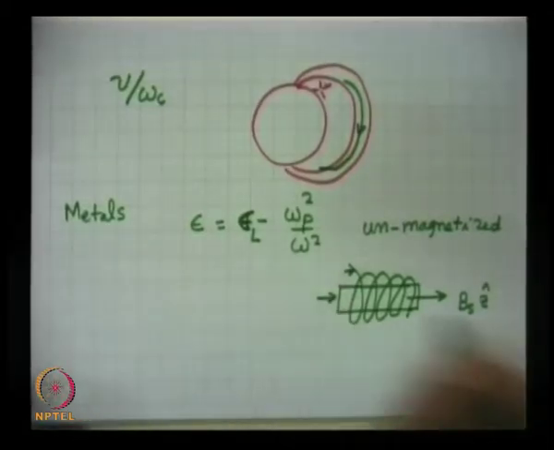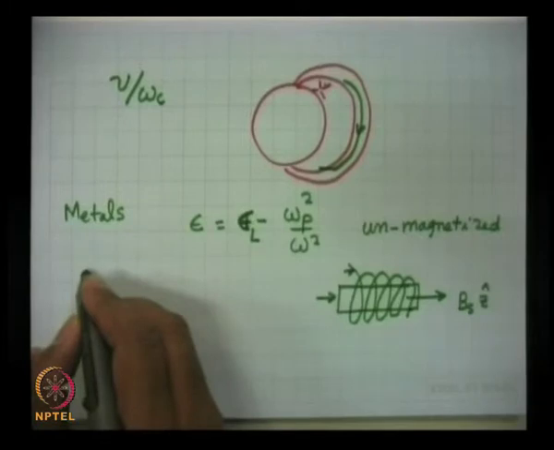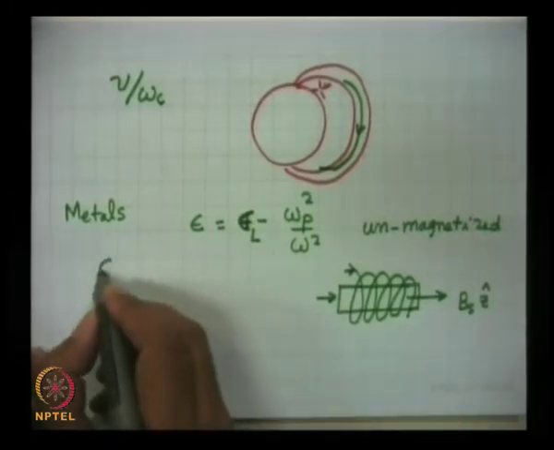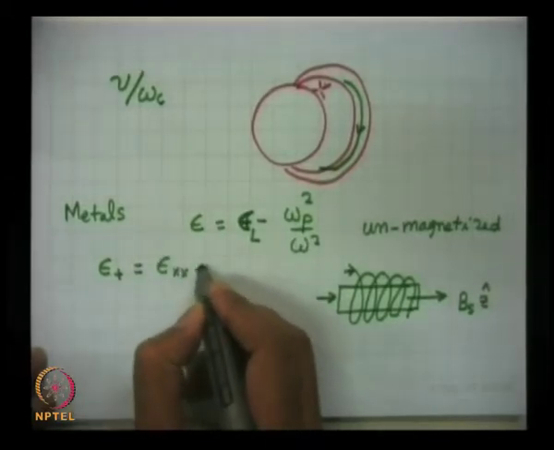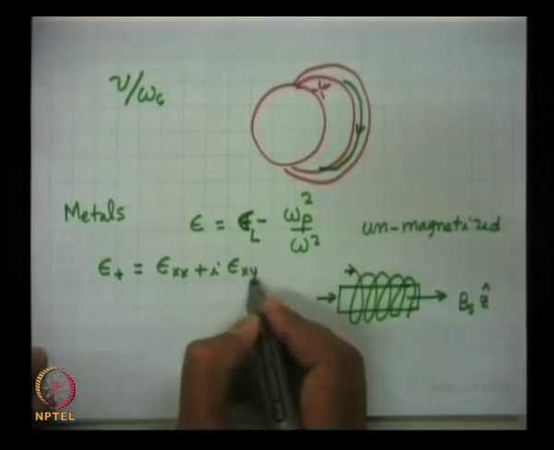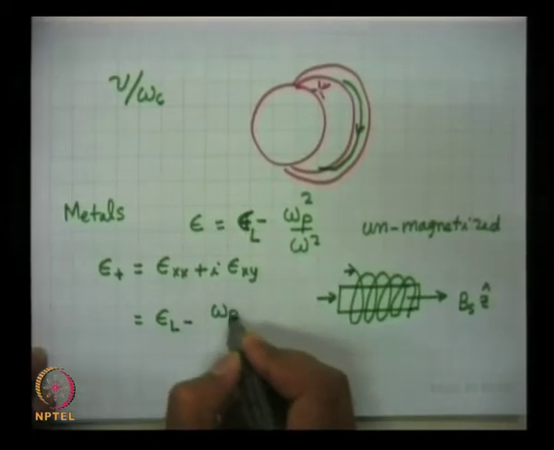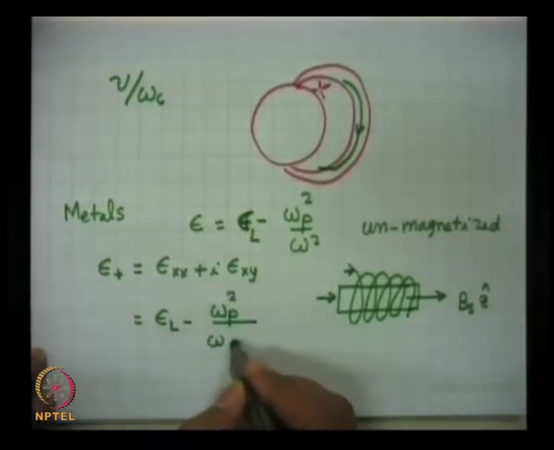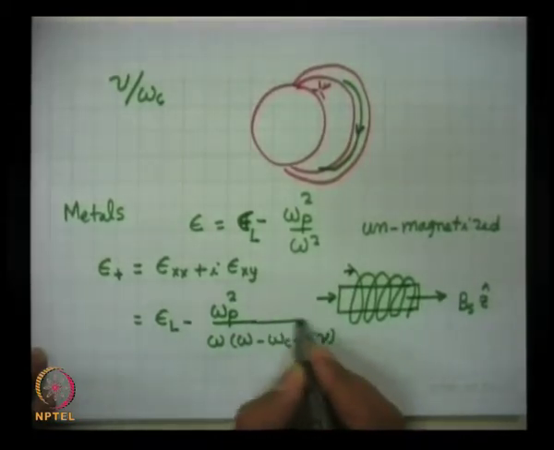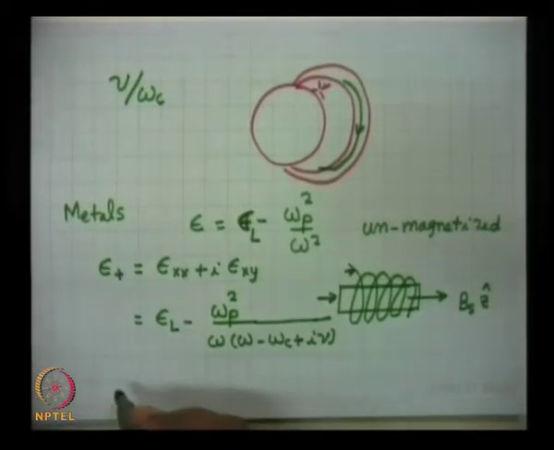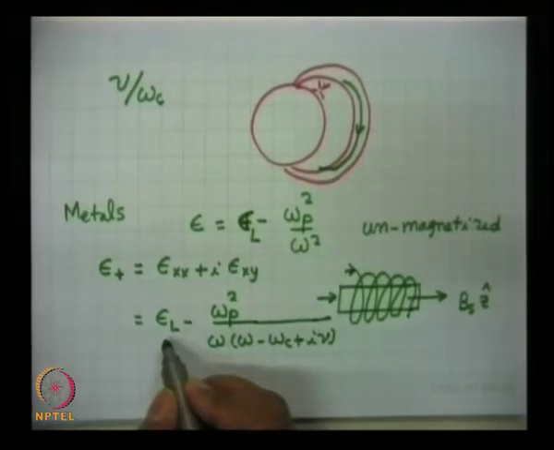If you launch a wave of frequency omega in the presence of the magnetic field, the effective plasma permittivity which is relevant is epsilon plus, which is epsilon xx plus i epsilon xy, and this turns out to be equal to epsilon L minus omega p square upon omega into omega minus omega c plus i nu. This is very similar to plasma, except that the lattice permittivity appears in place of 1.